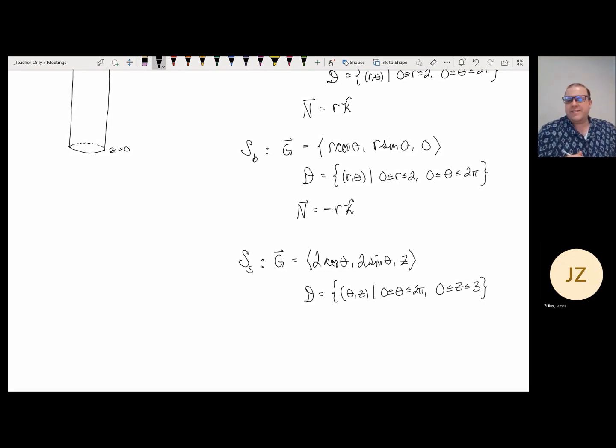Theta goes 0 to 2 pi, your height z goes from 0 to 3.